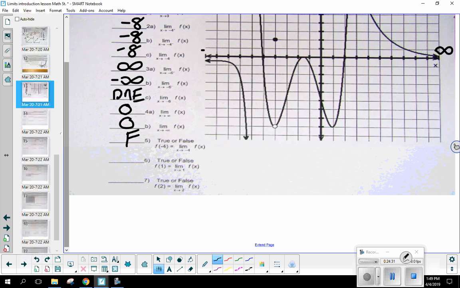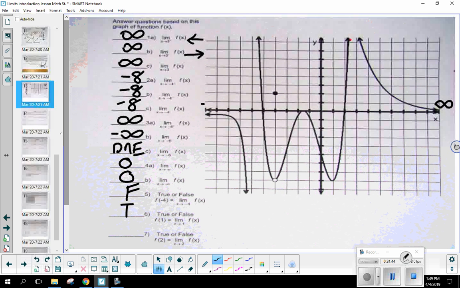What about number 6? Emily, what do you think? True or false? It is true. Well, let's see. Let's try the first one. The value of the function when x is 1. Okay. So if I look at 1 right here, go straight down, looks to me like it's what?